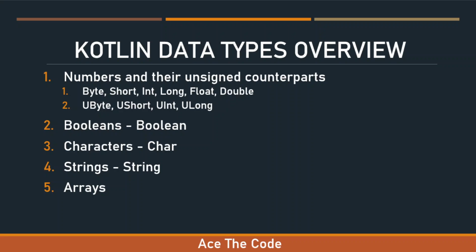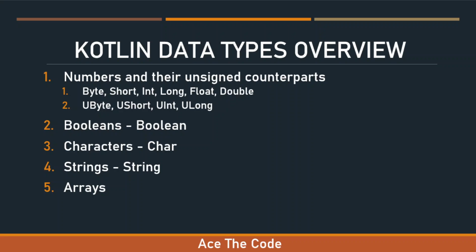In numeric we also have floating point data types, which are nothing but float and double. The next data type we have is Boolean, where we can store true or false, which is again similar to Java.